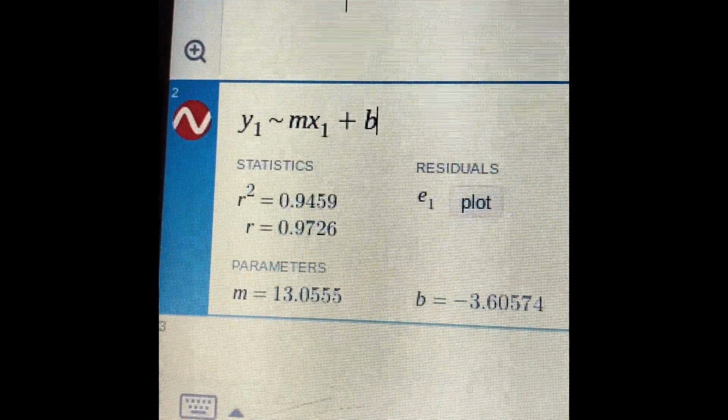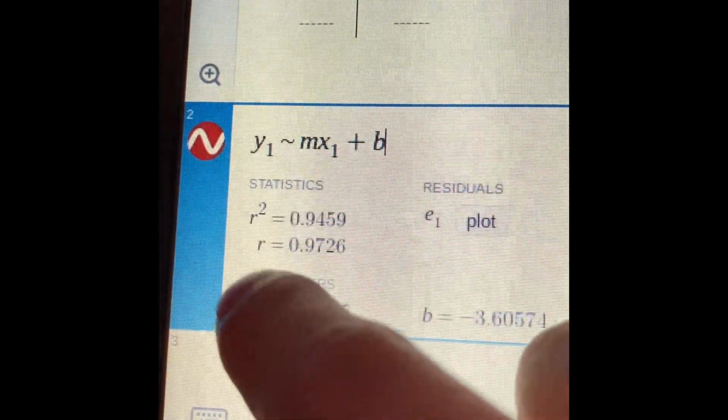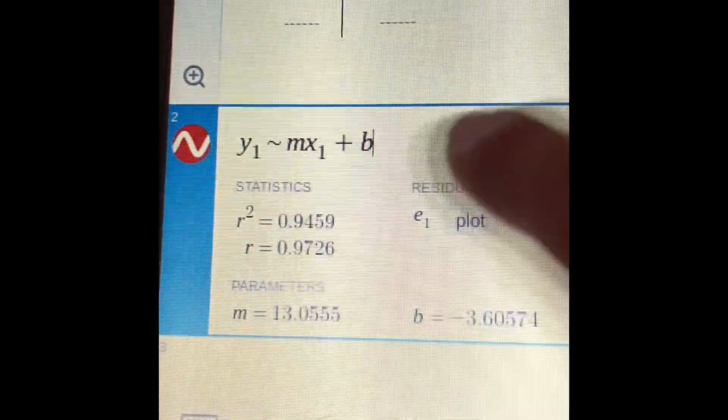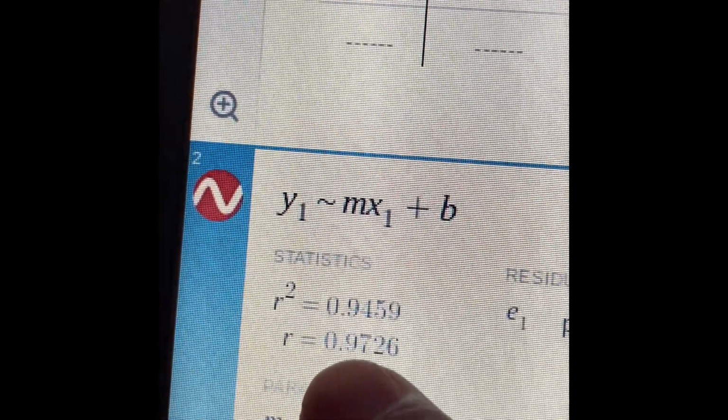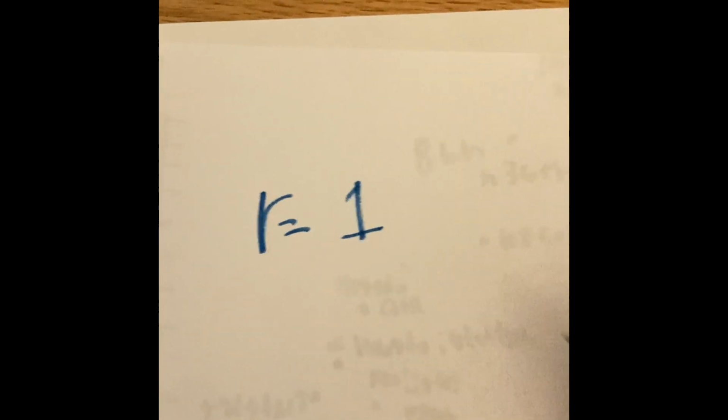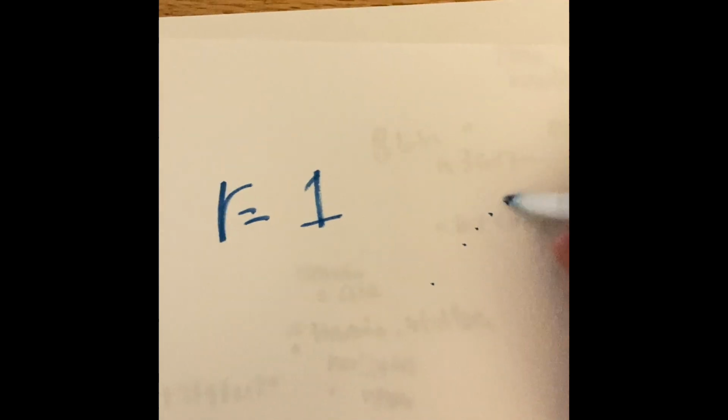When we type in that equation, R represents how accurately the line matches up with the dots. They are not perfectly aligned, but 0.97 is what we get as our accuracy. When R equals 1, that means the line is a perfect fit and aligned with all the dots.